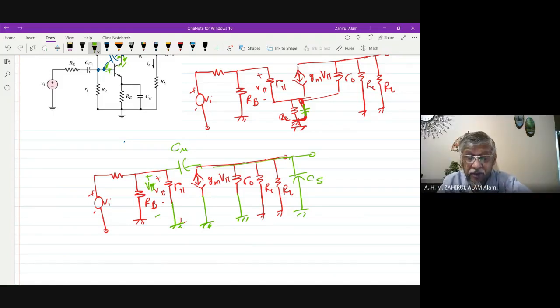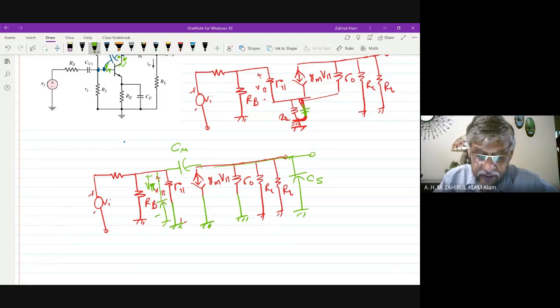Now from this equivalent circuit, we can find the gain and the corner frequency, because our interest is to find the corner frequency due to the presence of this extra capacitance. There is another capacitance, so C pi is missing.